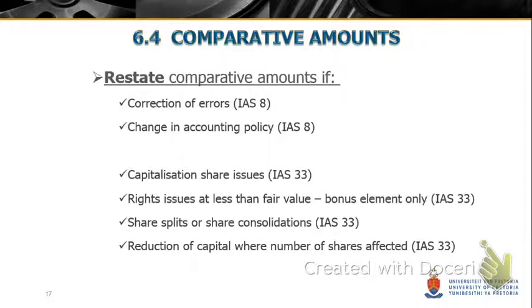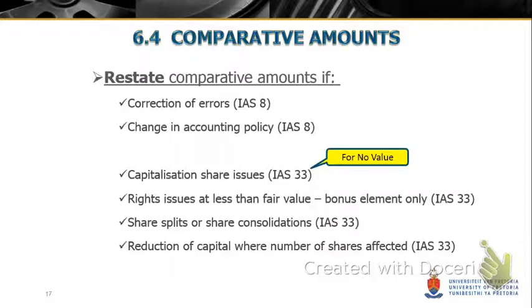So your capitalization share issue, what happens there? If you have a capitalization issue, it means that you held, let's say, 100 shares, and for every 2 shares you held, you will issue another share. So you will now have 100 plus 50. Those shares were issued without or for no value. And for that reason, you have to adjust the comparatives on the same pro rata principle.